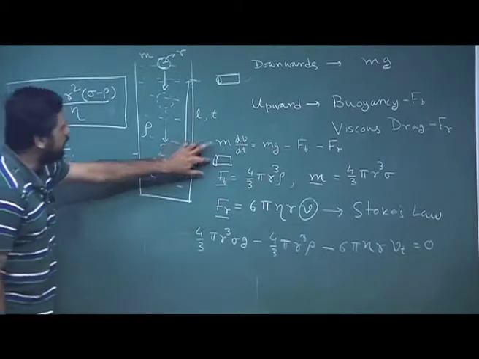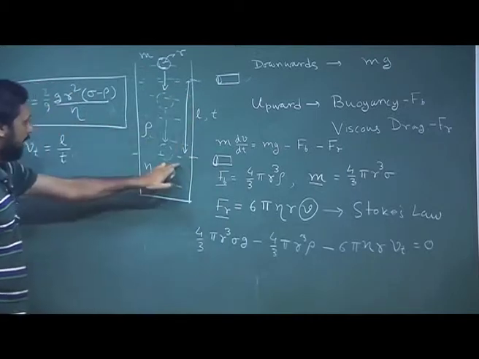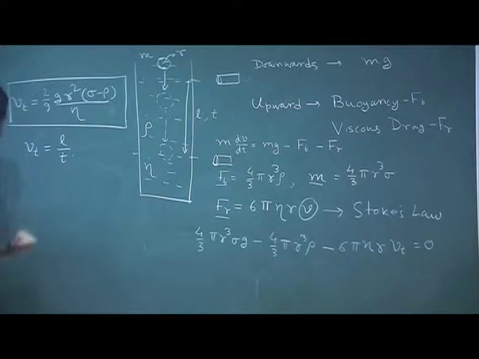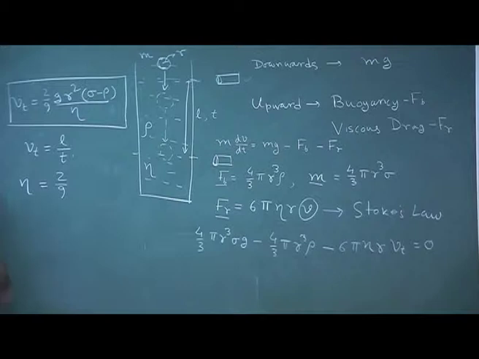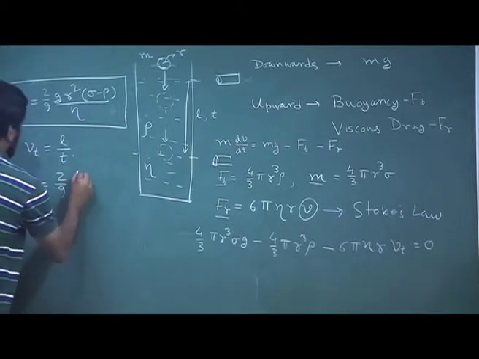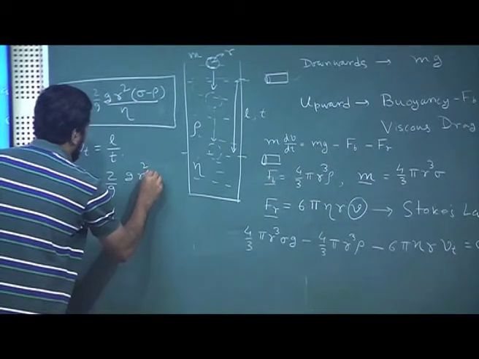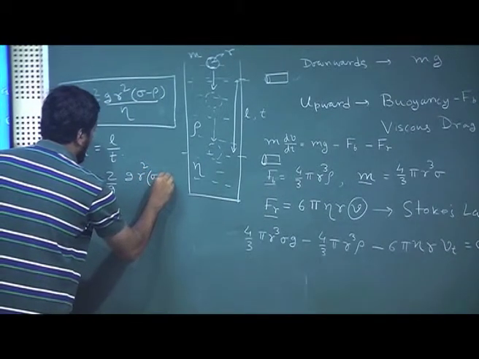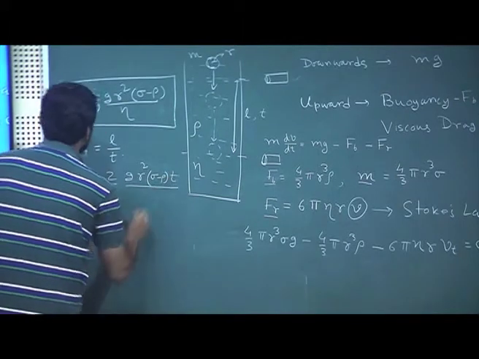So, using these two cameras, we measure the time and we already know the distance L. So, we get v t equal to L by t, and when we plug it back in here, we get eta equal to 2/9 g r square (sigma minus rho) times t by L.